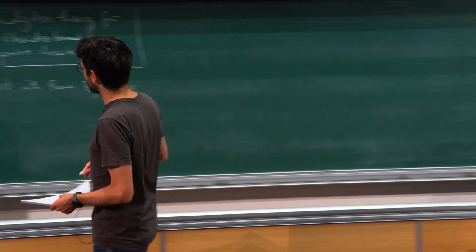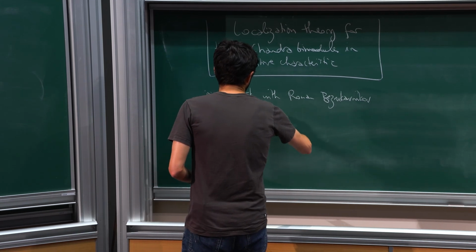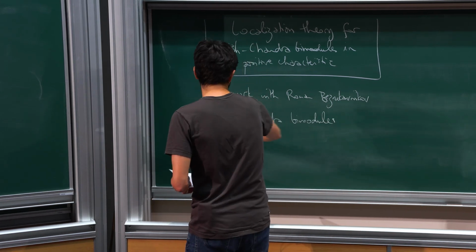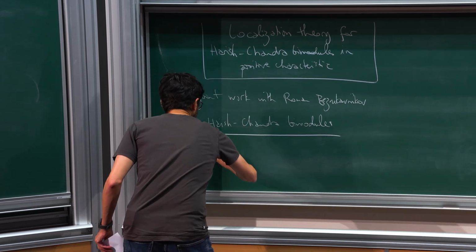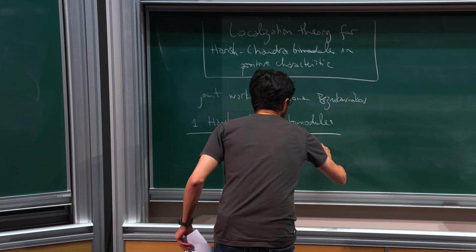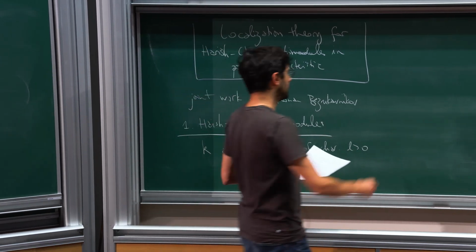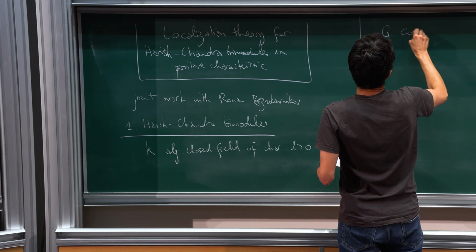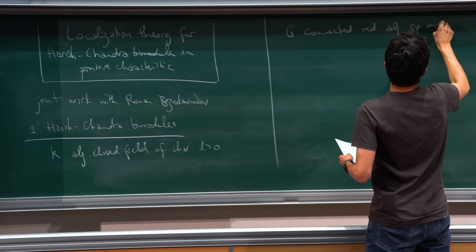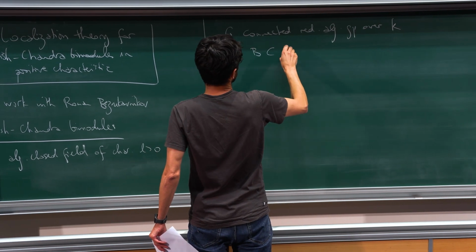So I should first explain what I mean by Harish-Chandra bimodules and why I am interested in such things. I will work over K, an algebraically closed field of characteristic p, which I take to be positive, and I want to take G, a connected reductive algebraic group over K, and fix, as usual, a maximal torus and a Borel subgroup.